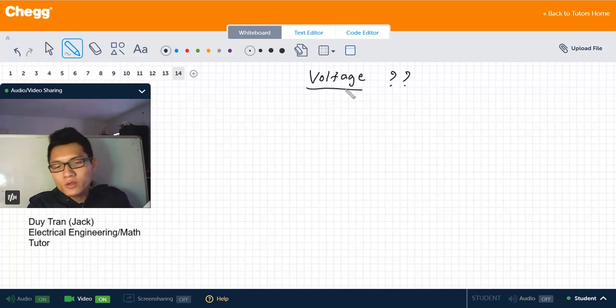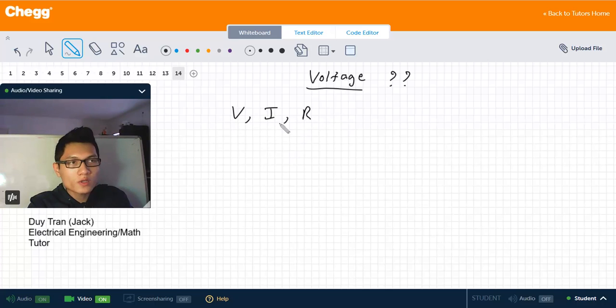When beginning to explore the world of electronics and electricity, it's really important to learn about the basics of voltage, current, and resistance, which is V, I, and R. These are the three basic building blocks required to manipulate and utilize electricity.